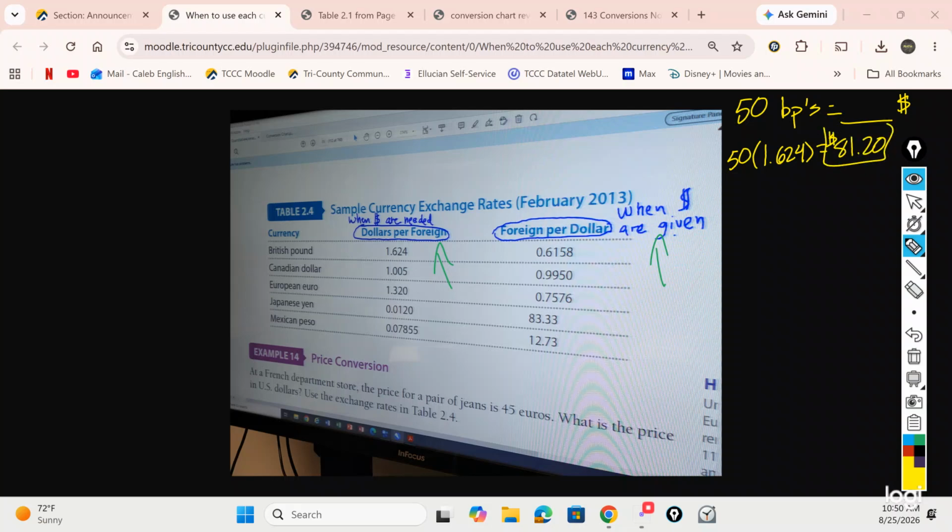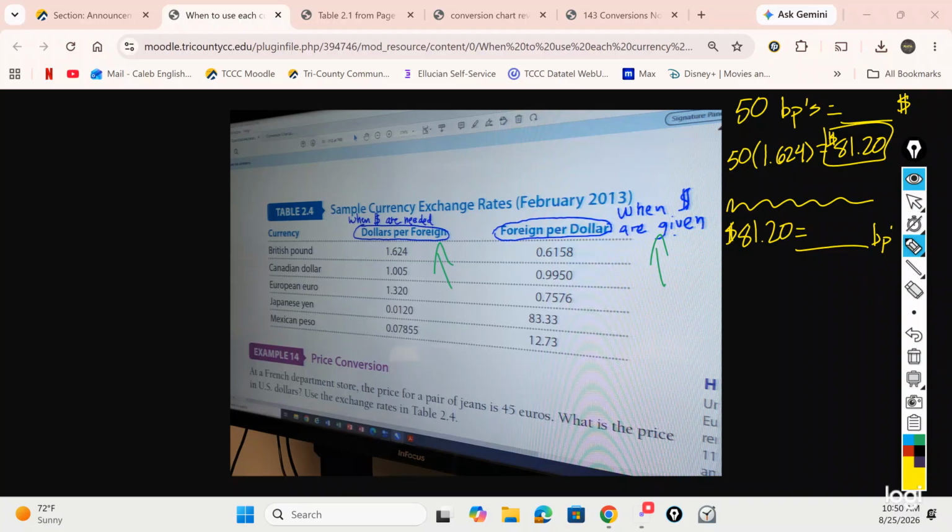All right. Now, let's go the other way. Let's say that we were given $81.20 and we needed the British pounds.